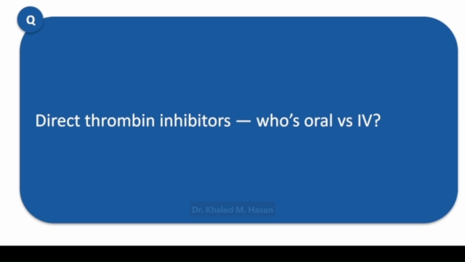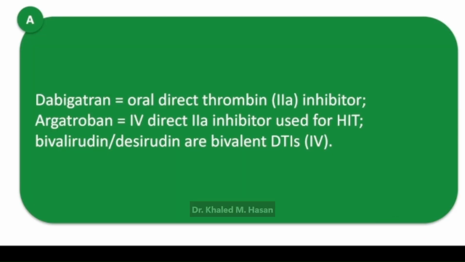Moving to the next group of medication, the direct thrombin inhibitors. Are we going to speak about IV or oral medication? Here we have Dabigatran, an oral direct thrombin inhibitor of factor 2A.